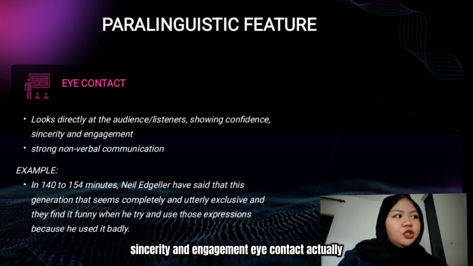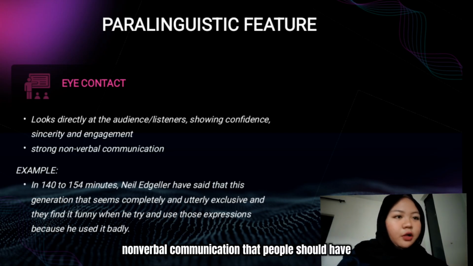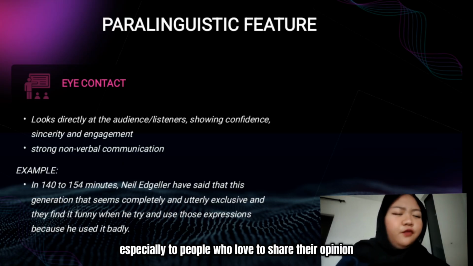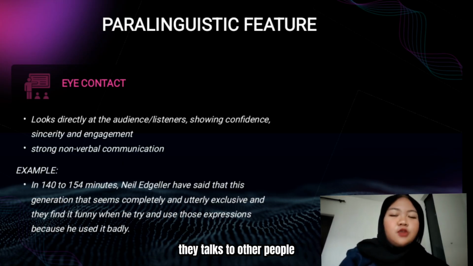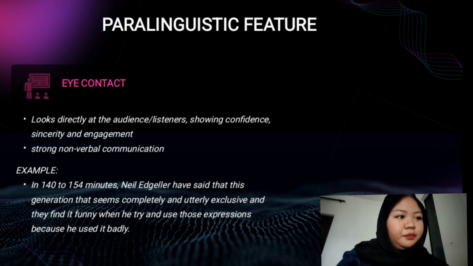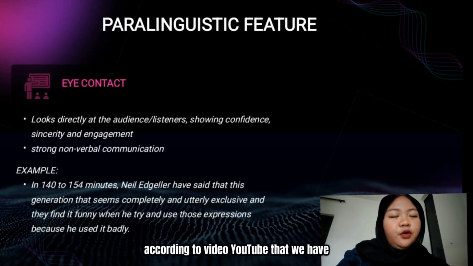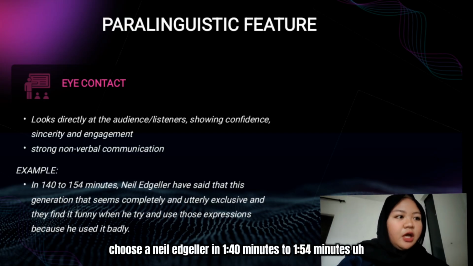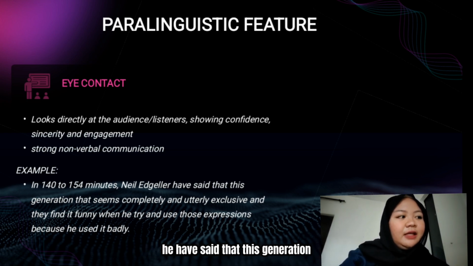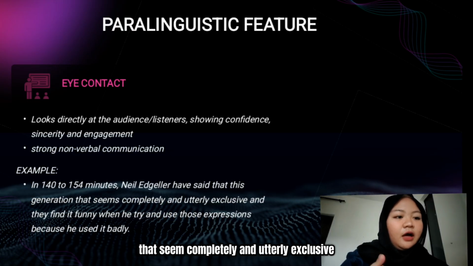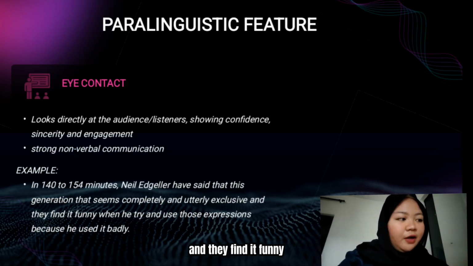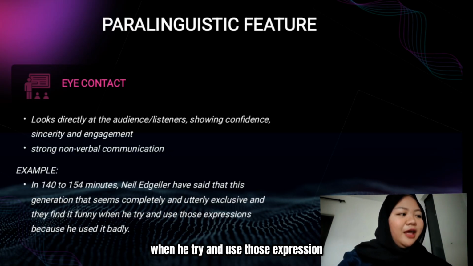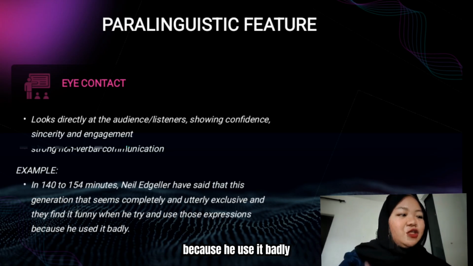Eye contact is actually one of the strongest nonverbal communication skills that pupils should have, especially those who love to share their opinions and thoughts with other people. According to the YouTube video that we chose, Neil Elgeler, from 1:40 to 1:54, said that this generation seems completely and utterly exclusive, and they find it funny when he tries to use those expressions because he uses them badly.